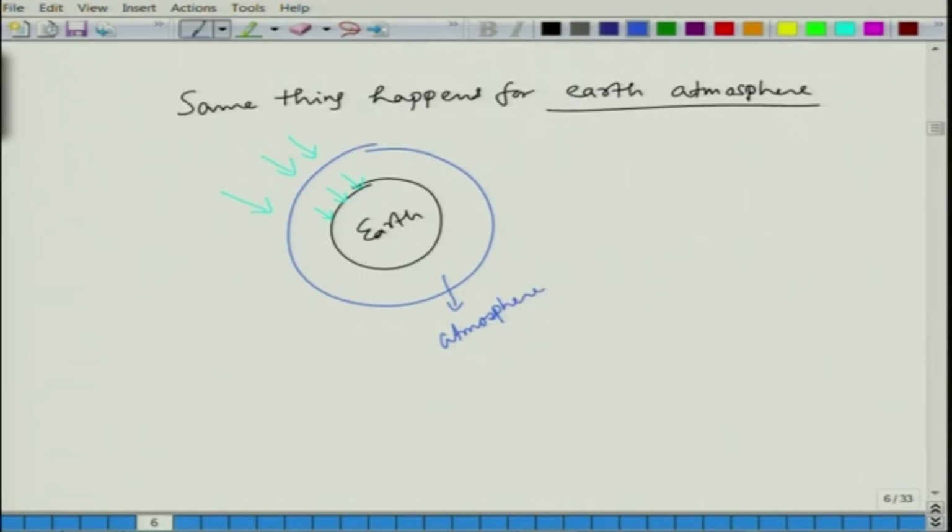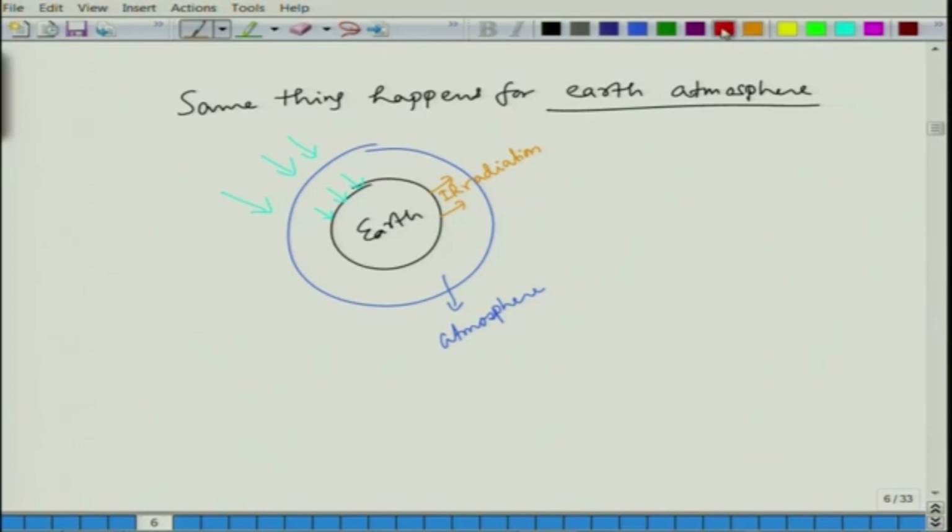And when the earth absorbs that radiation and then emits the infrared radiation, the IR radiation, then we have these different gases which do not allow that infrared radiation to go back into the space.